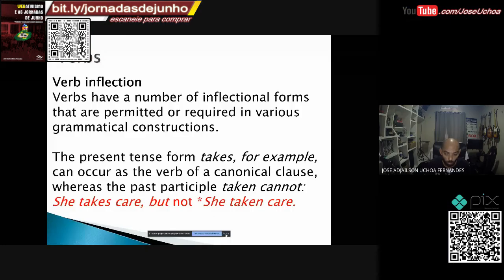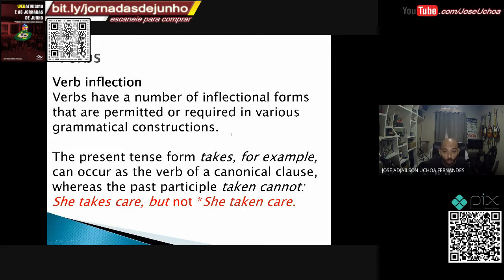Okay, so we are now going to talk about verb inflection and what it has to do with syntax. We are going to try to articulate our notions of morphology with our notions of grammar. Give me just a moment to go back to the slide. So, verbs have a number of inflectional forms that are permitted or required in various grammatical constructions. So depending on the verb tense that you are using, you will have to inflect the verb so that it will fit the verb tense you want.